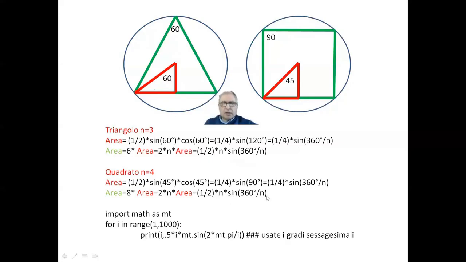Here, the computer and the Python language can be useful to us because we use the very simple code that is written here at the bottom to obtain an approximation of this limit. One thing to note is this. In the formula, we have here 2 times mt. Mt is the abbreviation for math, times pi, which stands for pi itself.